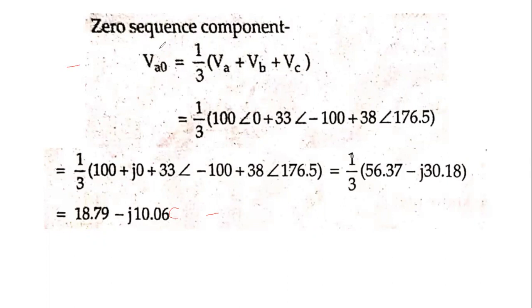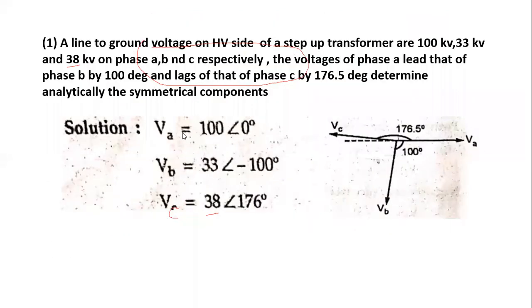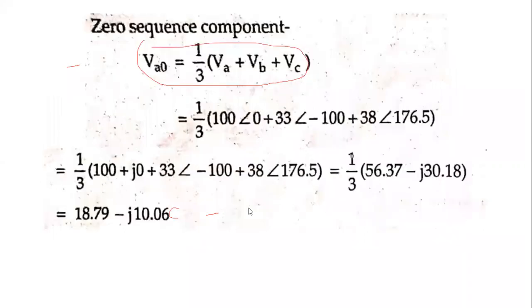VA naught is equal to 1 by 3 into VA plus VB plus VC, the voltages at phases A, B and C. We have already written the voltages at each phase: VA is 100 at an angle of 0 degrees, VB is 33 at an angle of minus 100 degrees, and VC is 38 at an angle of 176.5 degrees.